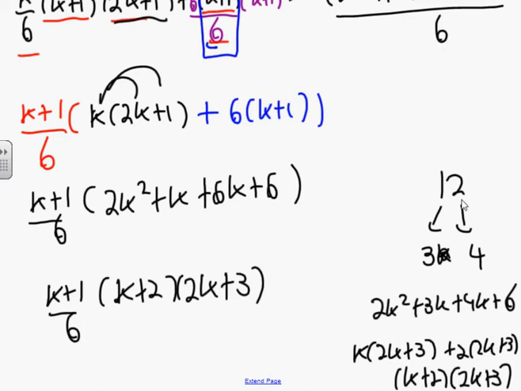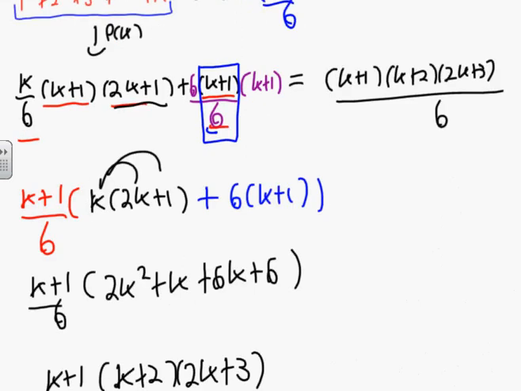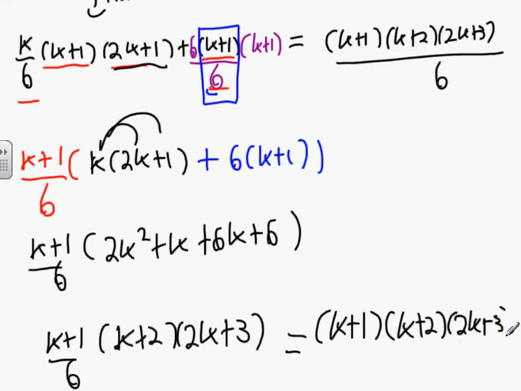Alright, and what was the left hand side again? There it is there. Same thing, isn't it? So you've proved it. Your usual spiel: true for P of k plus 1, if P of k is true, hence by the principle of mathematical induction, P of n is true.